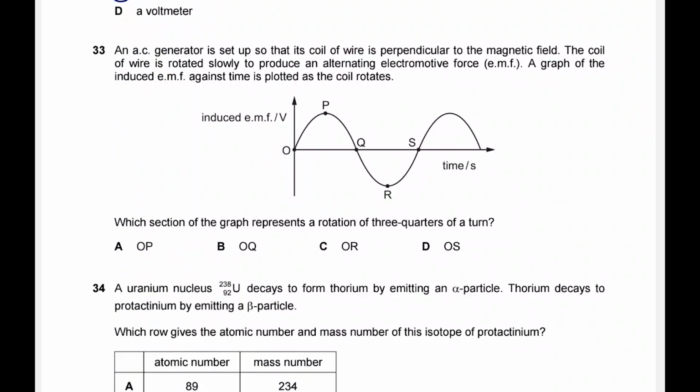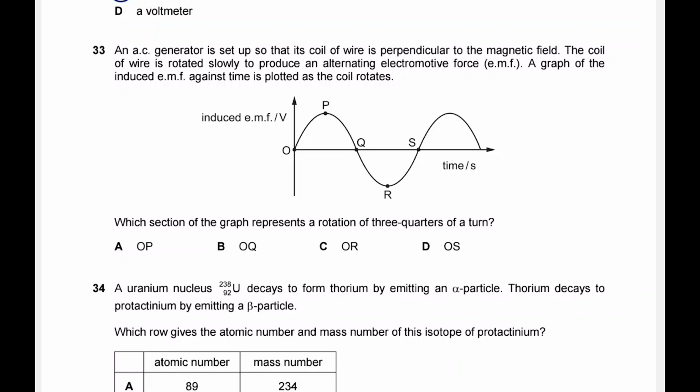33. An AC generator is set up so that its coil of wire is perpendicular to the magnetic field. The coil of wire is rotated slowly to produce an alternating electromotive force or EMF. A graph of the induced EMF against time is plotted as the coil rotates. Which section of the graph represents a rotation of 3/4 of a turn?